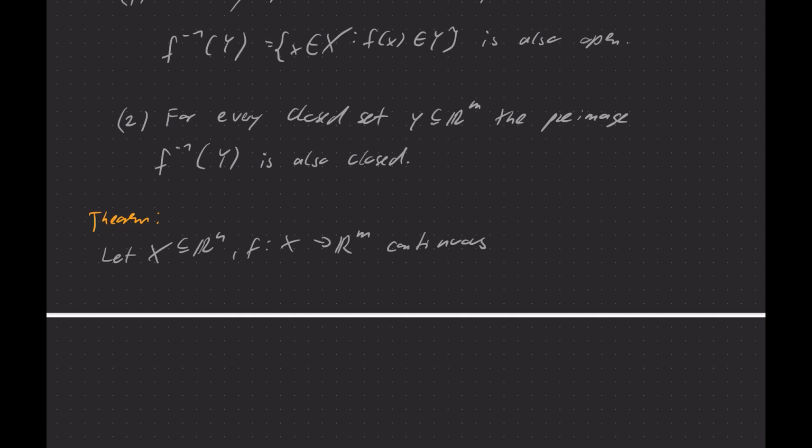And that holds even if the codomain is in R to the m. If x is compact, then f of x is also compact.